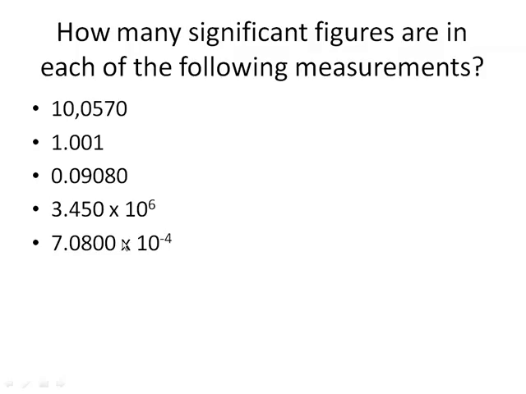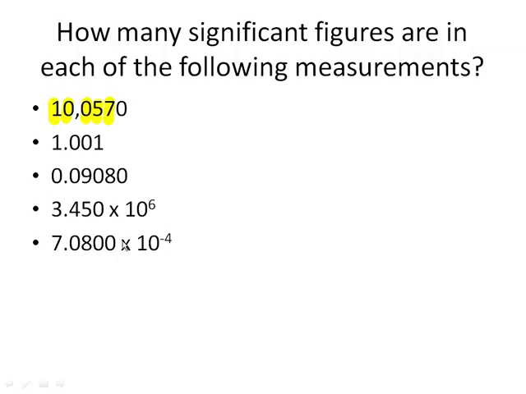Okay, so we're back. When we look at 10,570, we're looking for which digits are significant. And we know that all the digits that are not zeros are significant. So the 1, and the 5, and the 7 are all significant. And then the question is, are all of those zeros significant? So let's consider the 2 middle zeros first.